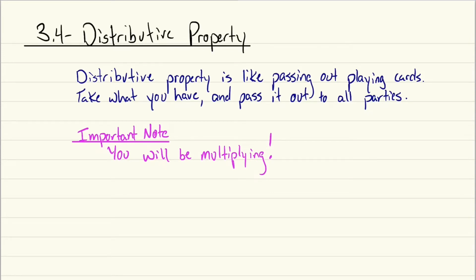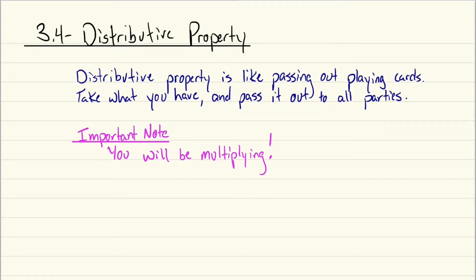It doesn't really matter. If you're the dealer, you have all the cards in your hands, and your job is to pass out the cards around the table so all of your friends get the same amount of cards. You're taking what you have and you are spreading it out to each separate person.